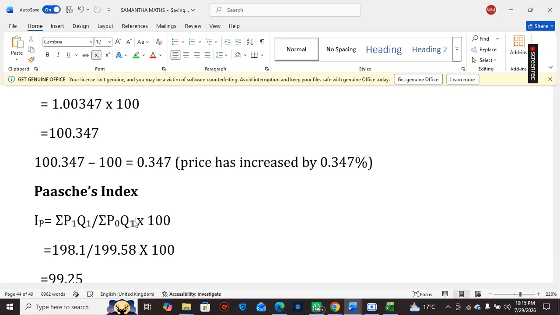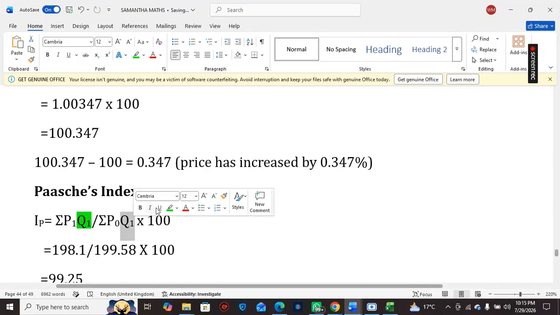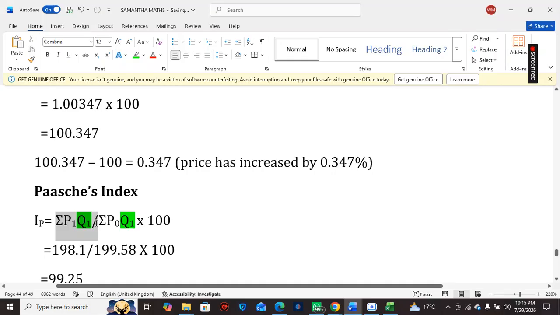As you can see, the quantity is fixed so that you can monitor the price change. Okay, yes. So for the Paasche price index, the summation of P1Q1 divided by the summation of P0Q1.